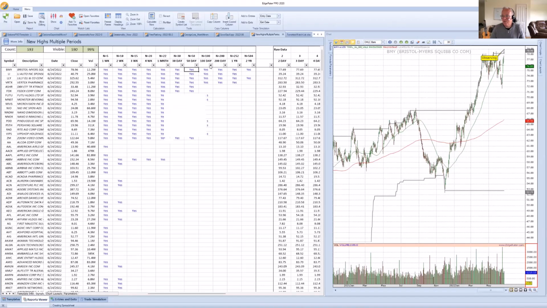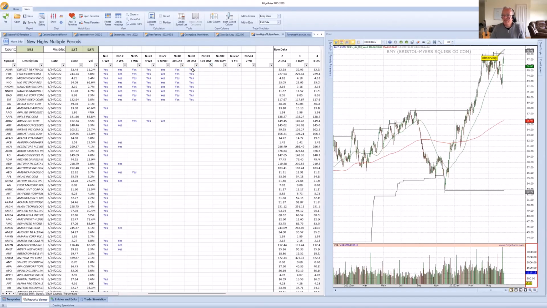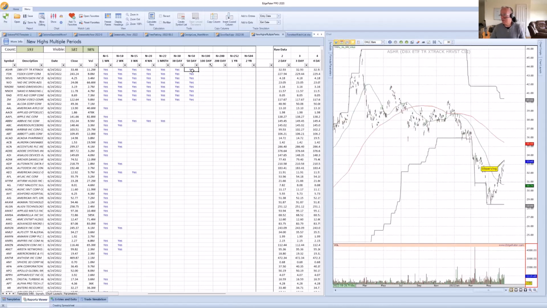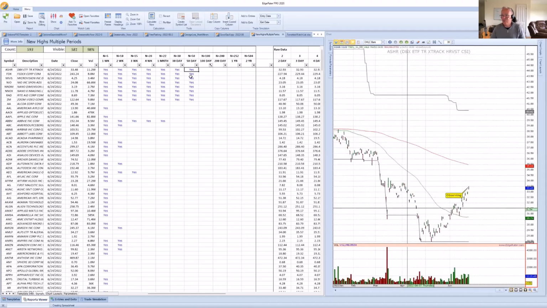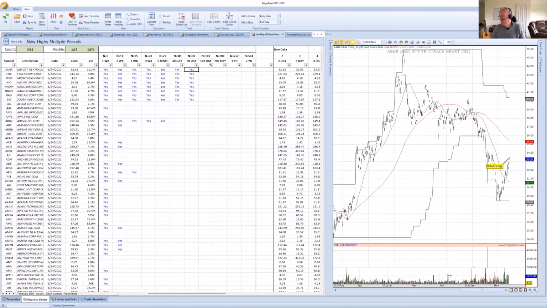So you could then just filter that and say blanks in that column. So then this is just a list of stocks, a fairly small list, that are making new 50-day highs. And you can quickly just cycle through these. Obviously, this is a stock coming off some fairly severe lows.